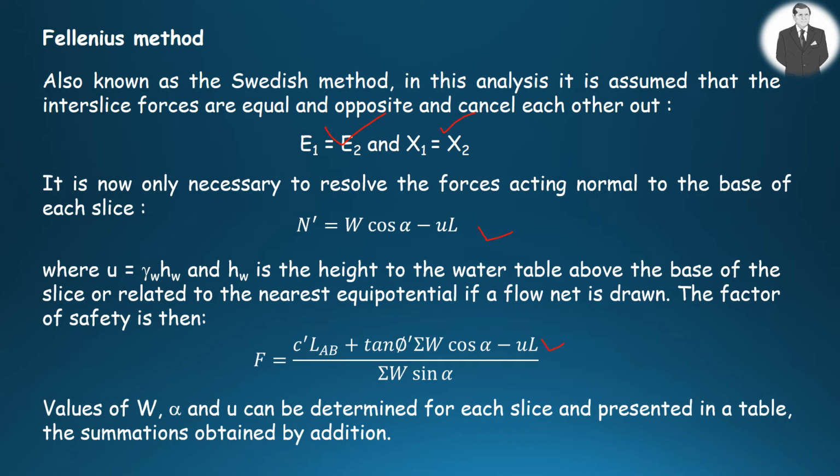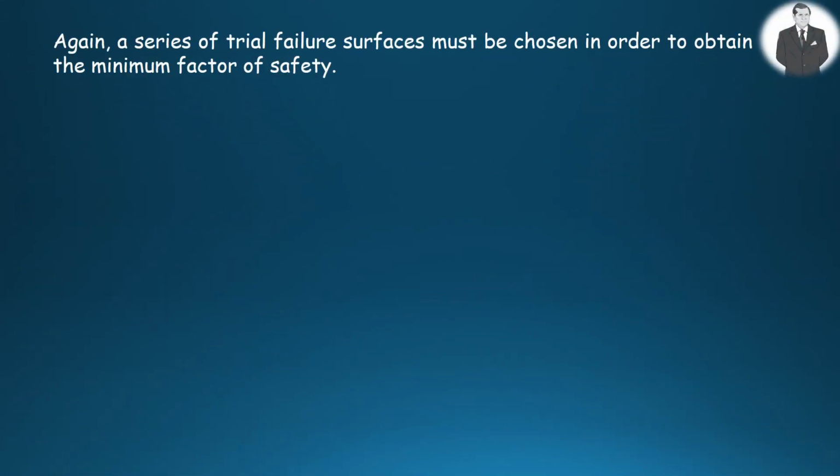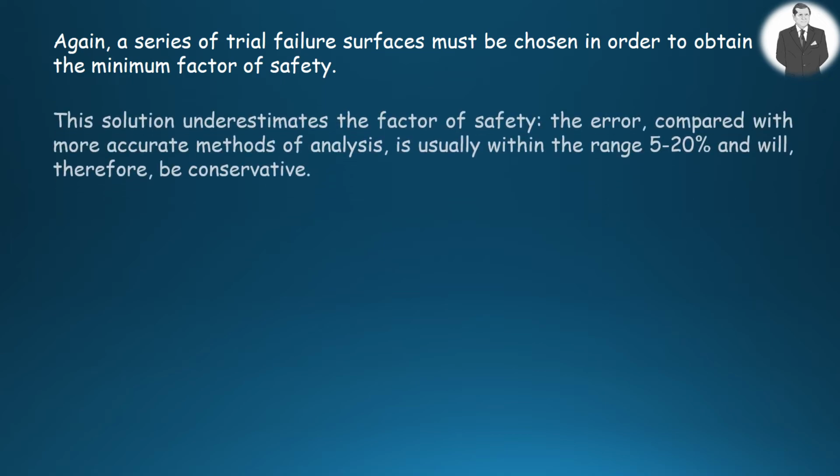Values of W, alpha, and U can be determined for each slice and presented in a table, with the summations obtained by addition. It is important to state again that a series of trial failure surfaces must be chosen in order to obtain the minimum factor of safety.